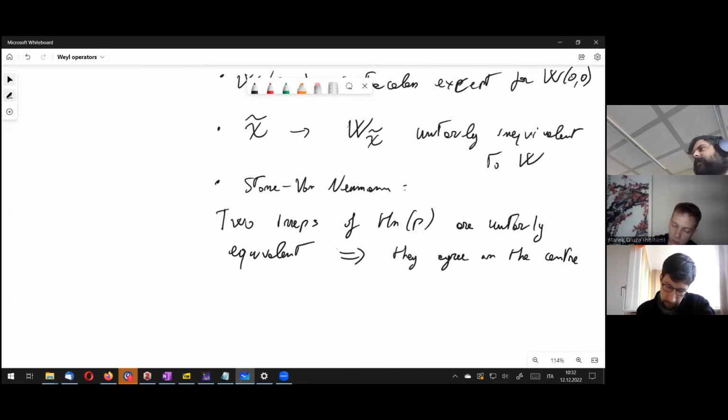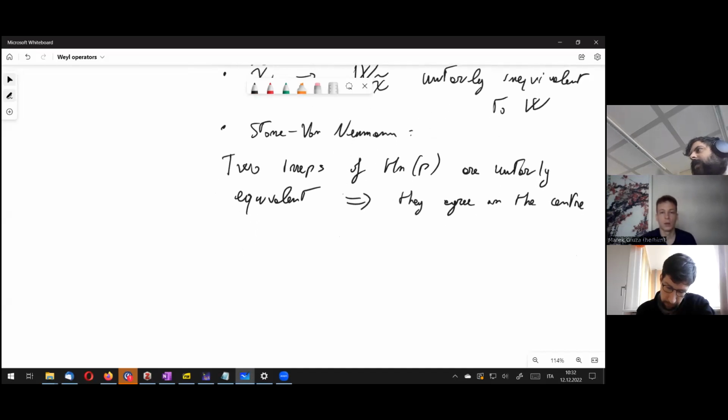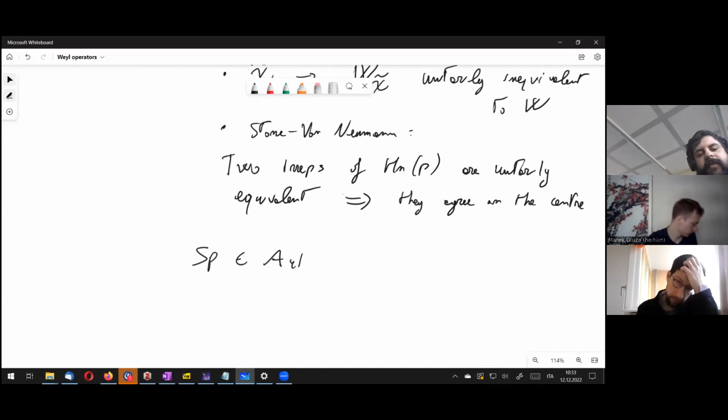It's because symplectic maps are in the group of automorphisms of the Heisenberg group.